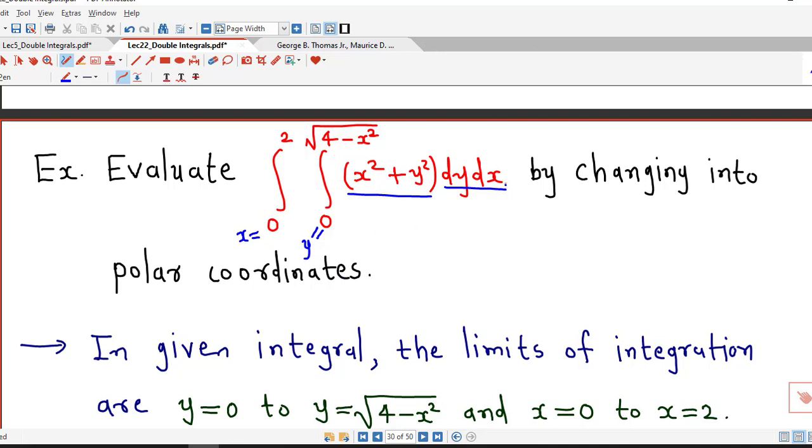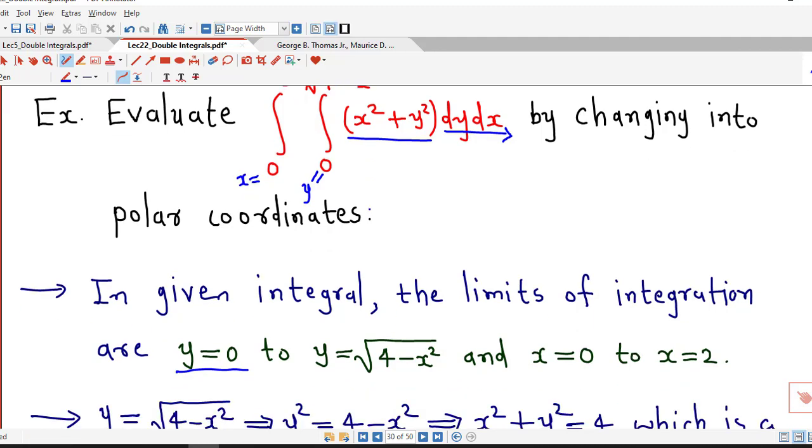Here the order of integration is first with respect to y and then with respect to x. So limits of y are from y equal to 0 to y equal to square root of 4 minus x square, and limits of x are from 0 to 2.